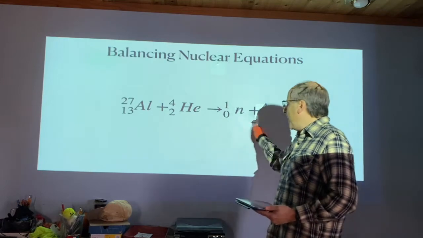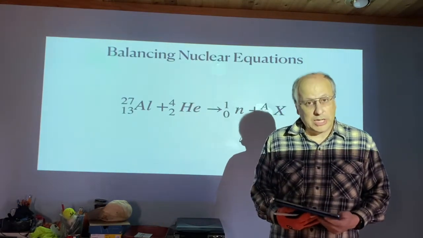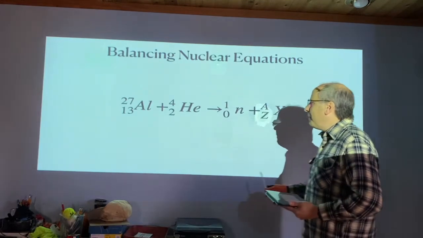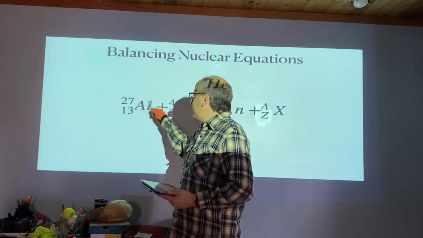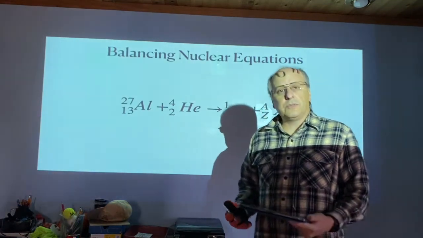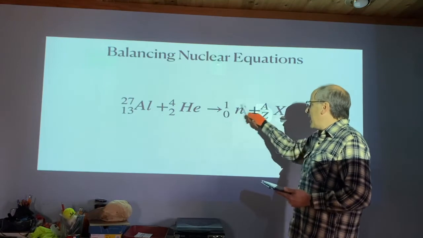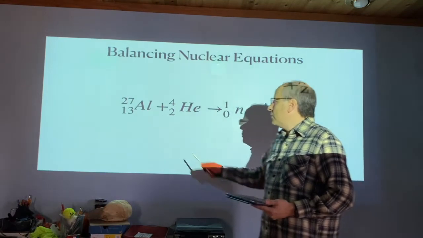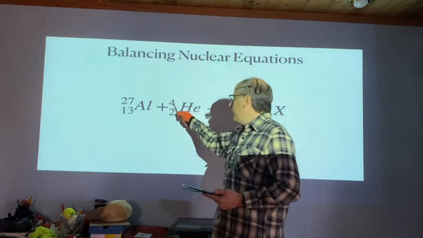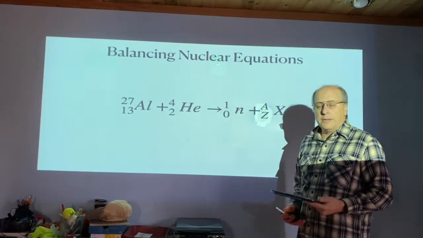So make sure the bottom numbers add up to the same thing on each side. Up top, same thing. You add these together. That is your number of nucleons, protons plus neutrons. And they must add up also. So we have 31. We need this to be 30, so we get a total of 31.